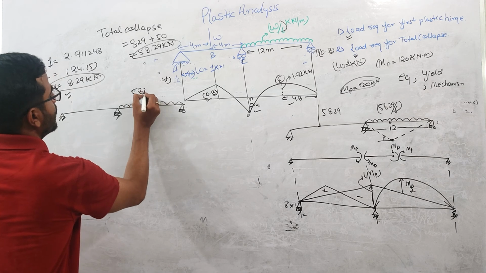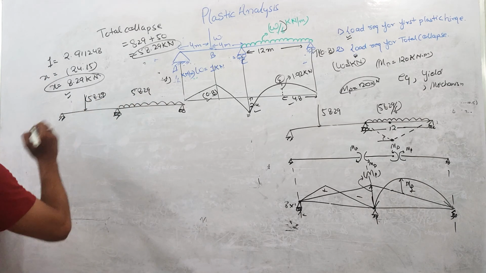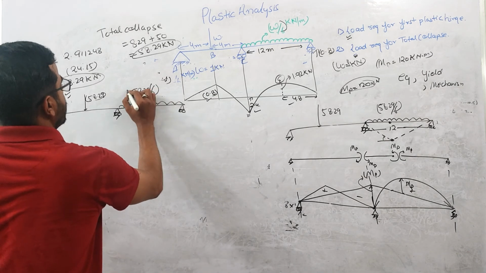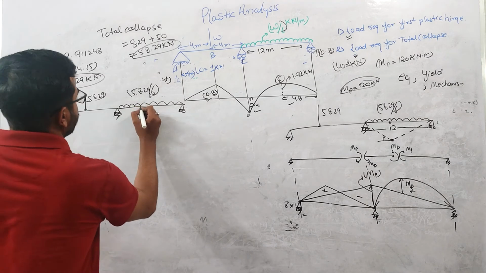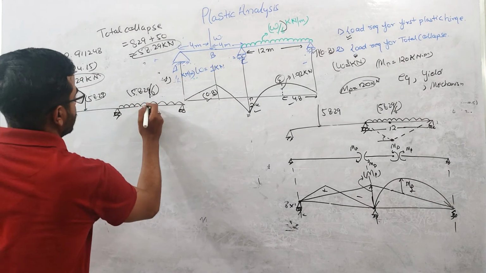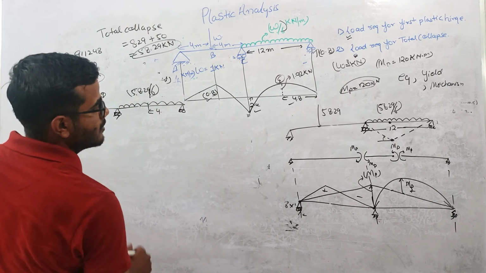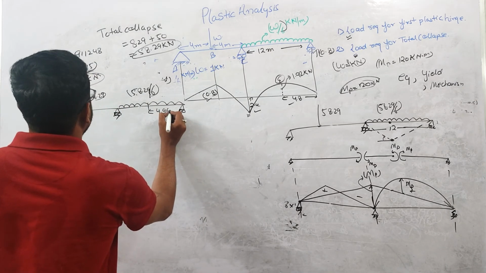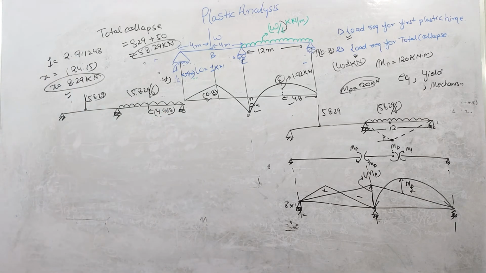This is 58.29, this is 58.29, so this is 58.29 by 6. Now this distance is basically 4. How much was the distance? 4.968 something.